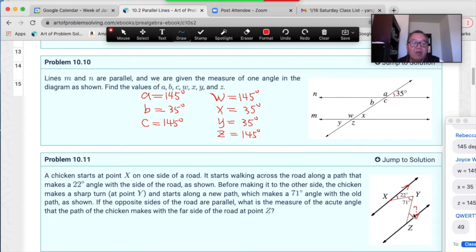What is this one? Okay, Eric is correct, Joyce is correct. Everybody think how to do this one. Rebecca is correct.